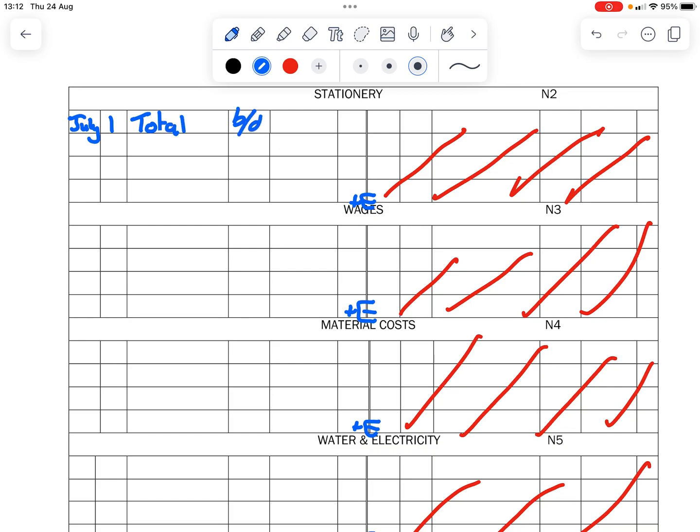All right, and they give us 600. If you scroll back up, I'm not going to do it, but you can turn back up to the top. Wages on July the 1st will have a total of 900, also brought down from the previous month. Material costs will be 2,250, also brought down from the previous month.